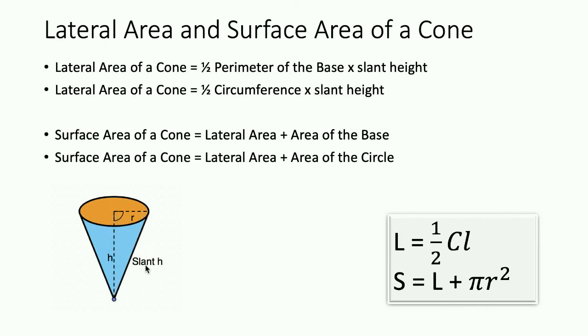The slant height, which again we call L, so lateral area is 1/2 the circumference of the base times the slant height, and the surface area is simply going to be the lateral area plus the area of the base. That's the same as it was for a pyramid, but in this case we know it's a circle, so we can say lateral area plus the area of a circle, which is pi r squared.